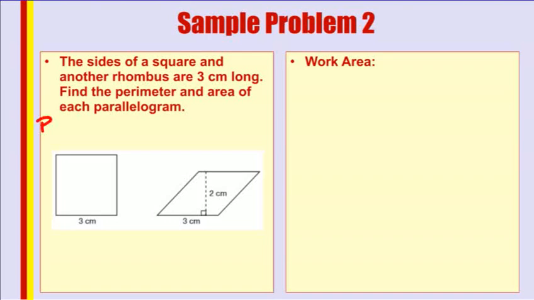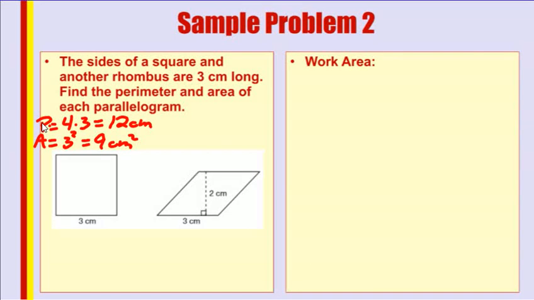The perimeter, I have 4 equal sides and they're each 3, so that's going to be 12. So 12 centimeters. I could have just done 3 plus 3 plus 3 plus 3. The shorter way would have been just doing 4 times 3. And then the area of a square, just taking the side and squaring it, so that would give us 9 square centimeters.